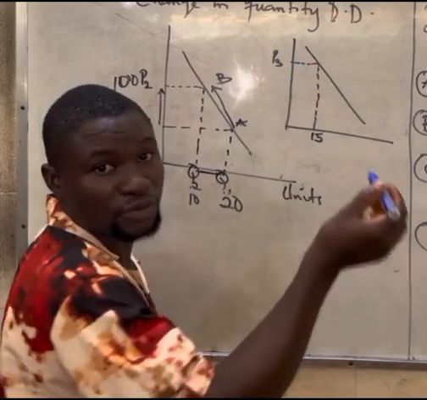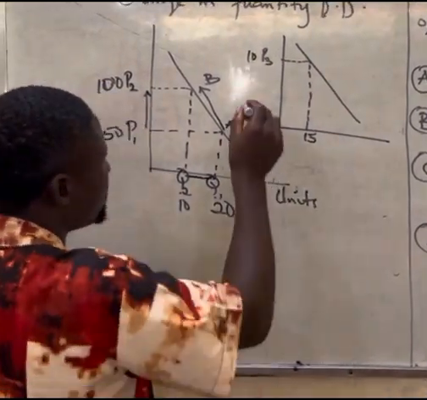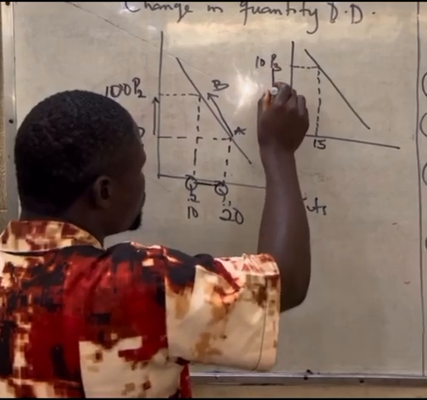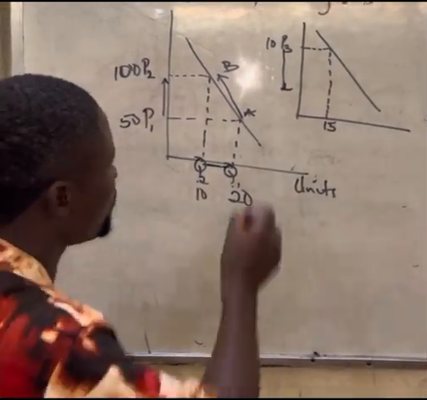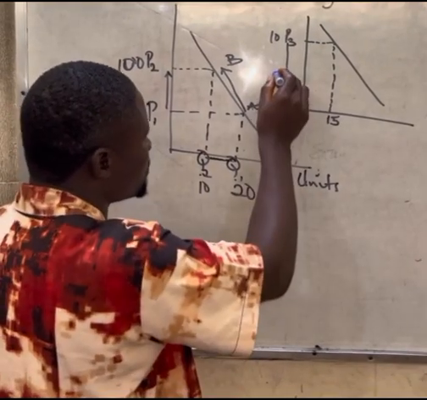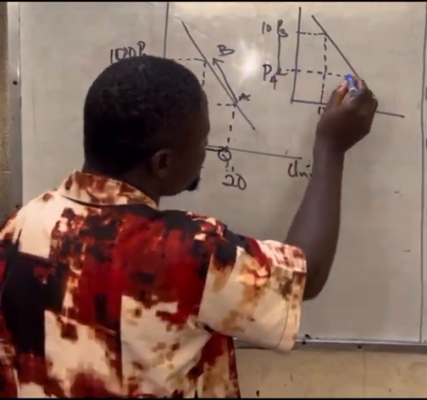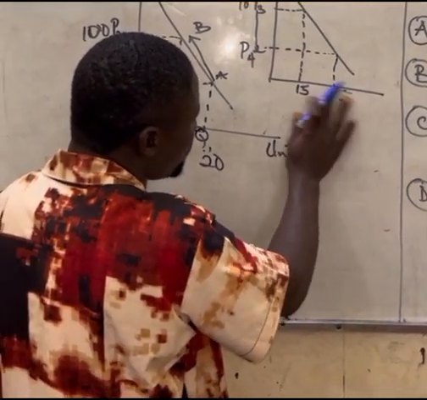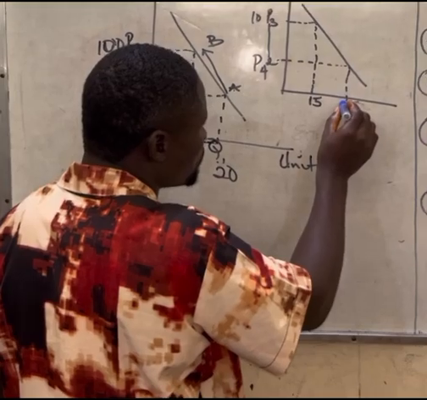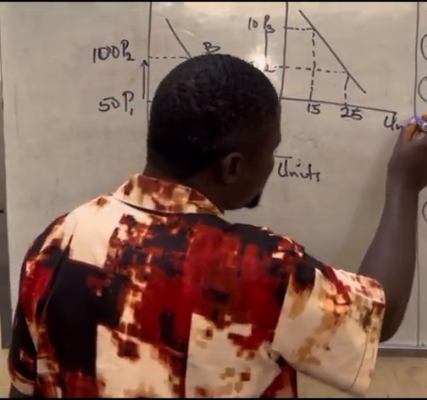Let's give it a real number to be, let's say 10 naira. Now, the price decreased to just, let's say 2 naira. There's a decrease in price from 10 naira to 2 naira. That's P4. You can see that if you trace this, the quantity demanded can increase from 15 to, let's say, 25 units. This is in units.